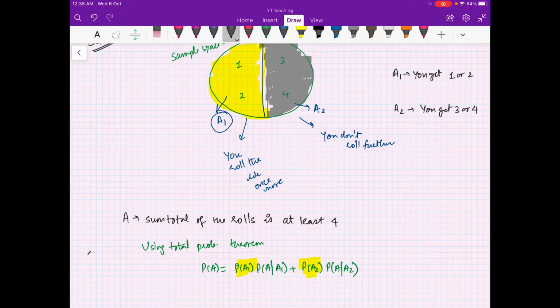The probability of A1 is the number of favorable events divided by the number of total events, so this is 1 by 2. Here you have 2 favorable events out of 4, so the probability is 1 by 2 again.